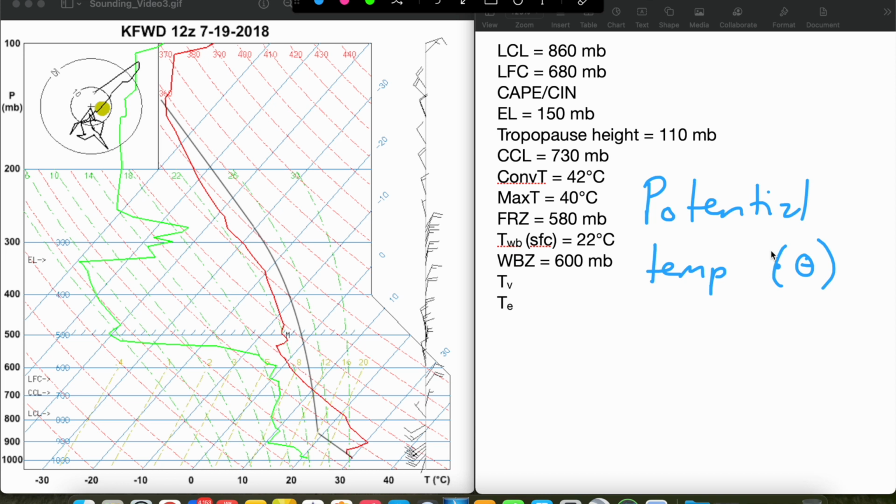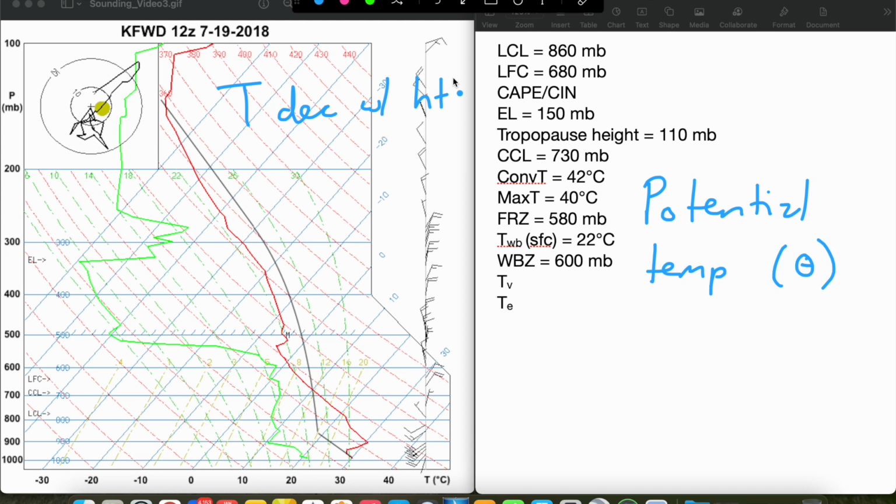So normally we can't really compare the temperature or the energy of a parcel at 1,000 millibars to the energy of a parcel, say, at 500 millibars, because temperature decreases with height in the atmosphere. So a parcel that's at 500 millibars is naturally going to be a lot colder than a parcel at 1,000 millibars.